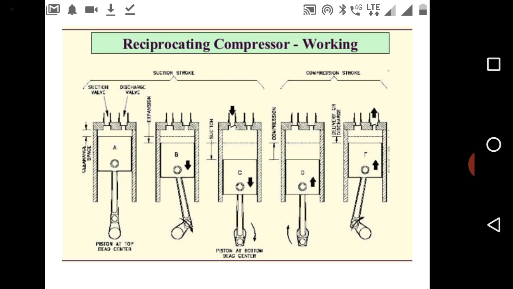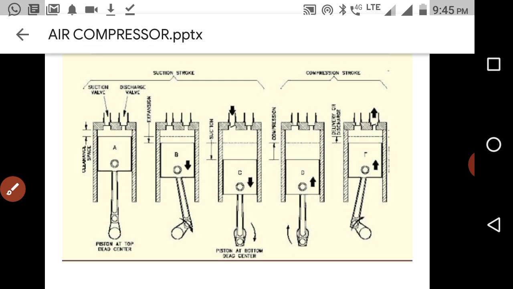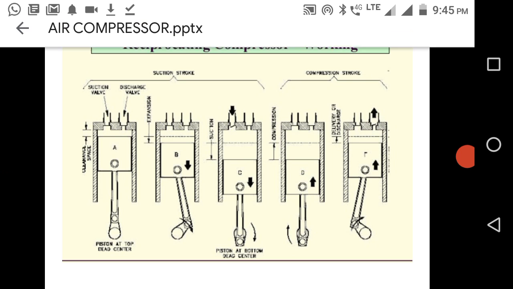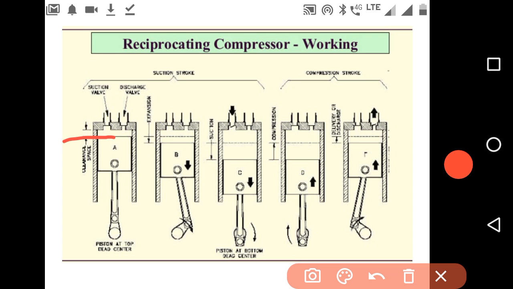Now we'll discuss how the suction valve will get open. Now see, as the piston is moving from top dead center to bottom dead center, the pressure inside the cylinder will keep on falling.